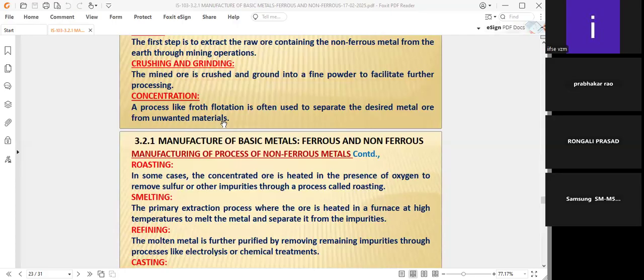The required material, that is ore, will settle at the bottom. The lighter particles, the undesired dust particles or impurities, will come along with the foam itself. That is called froth flotation. Creating froth, that means foam, and from the foam the lighter particles will float up to the top of the tank. There the impurities can be removed also.